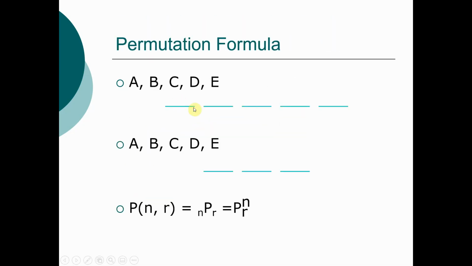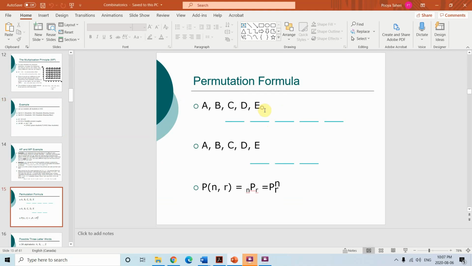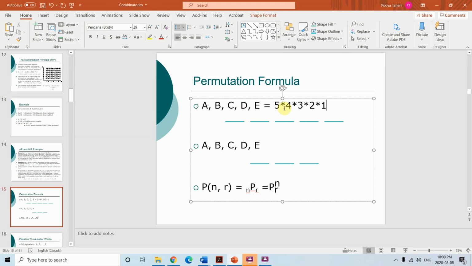So let me look at this one first. We mentioned that the number of options that we have was 5 times 4 times 3 times 2 times 1. What is that? This is basically 5 factorial. How about for this case, when you had only 3 places? This is going to be 5 times 4 times 3.